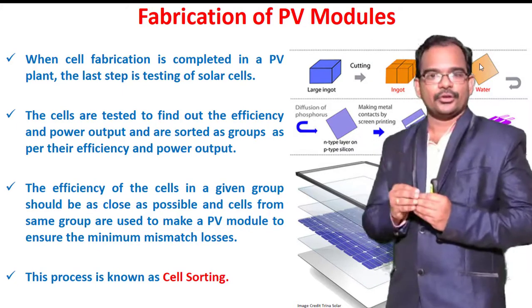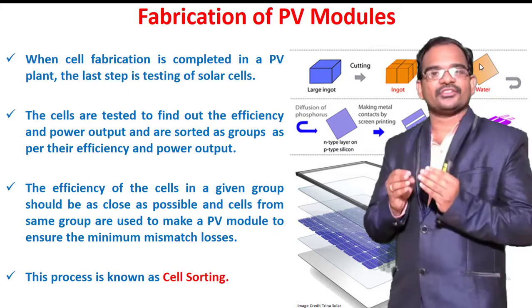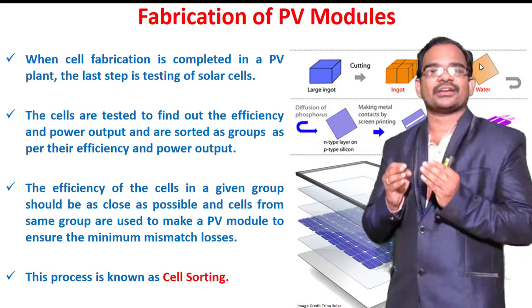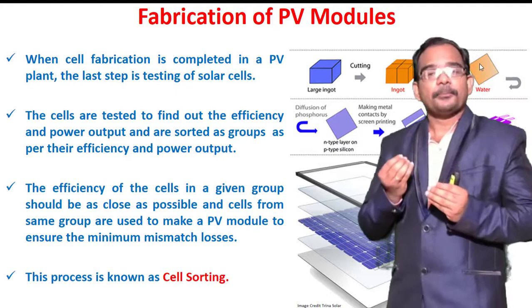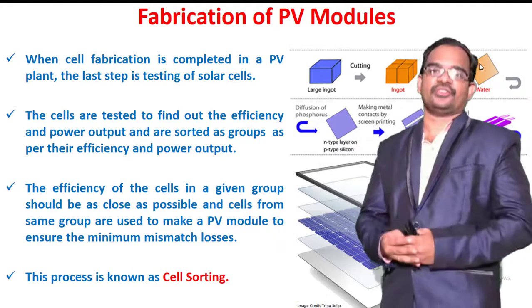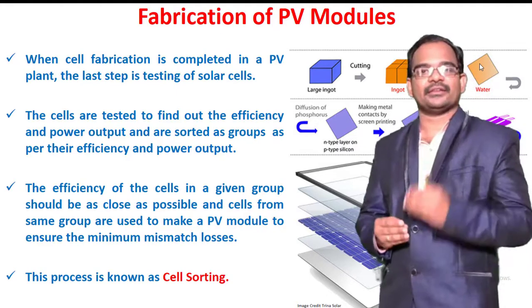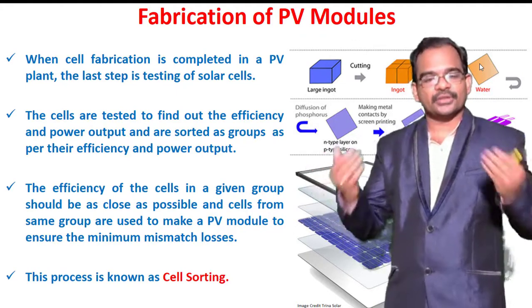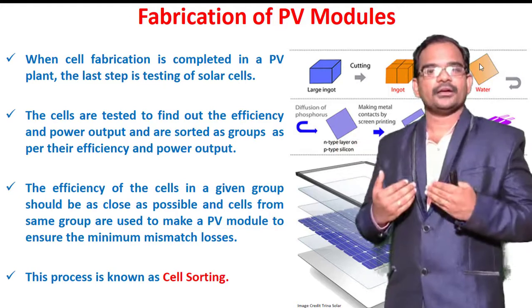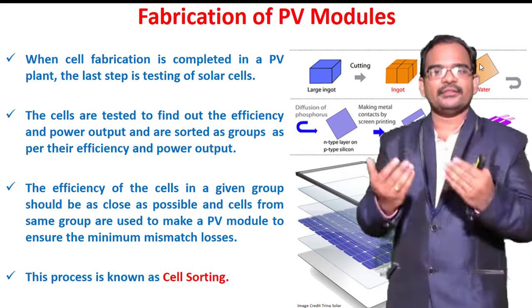So at least we need to make efforts in such a way that the solar cells which are connected in series in a module should be of approximately similar efficiency and power output, and that is the reason why we sort these solar cells into different boxes, and after that we will use them to fabricate a solar module.